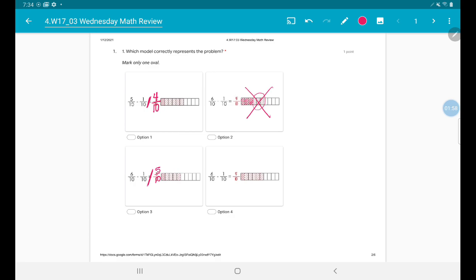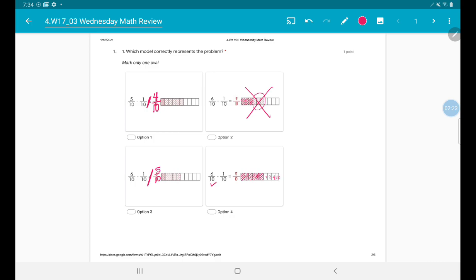So we're going to check our model. They shaded 1, 2, 3, 4, 5, 6 pieces are shaded. There's 7, 8, 9, 10 pieces in the whole.